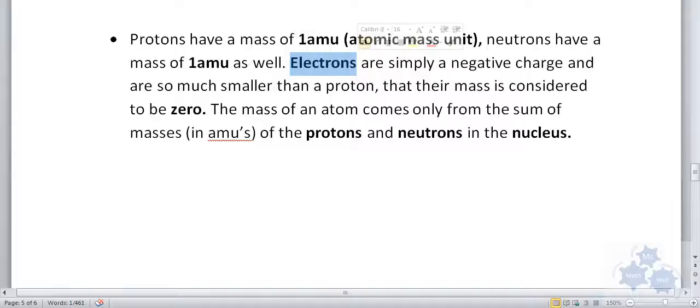The electrons, although they have a mass, it's extremely, extremely small, and it's not really counted in the entire atom. So really, electrons are just a negative charge. I know that's kind of funny to think about, because we're thinking about classical mechanics, like things have a mass.